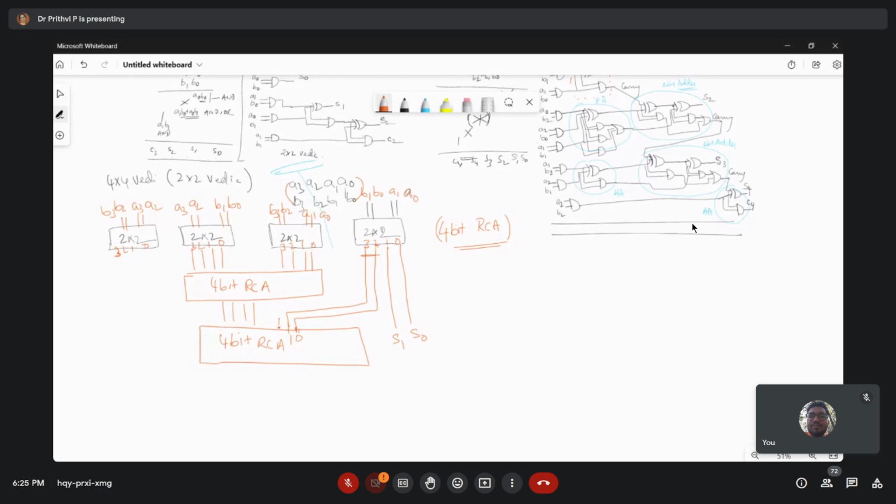Okay, and here the other 2 bits will be grounded, 0 0, it will be taken. Okay, now this will give us 4 outputs, and out of this, the first 2 outputs will be the final output of the process. Okay, next I'll show this.